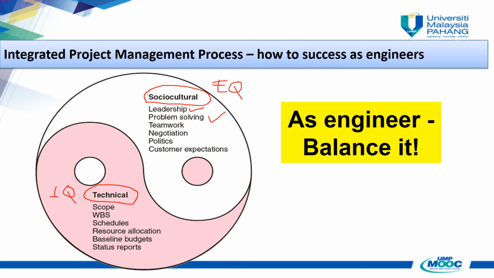You must attend to the problem. Do not run from the problem. Okay, and again, if you have fewer leadership attributes, you must have the capability to work in teamwork. Why? Teamwork is very critical to make sure that the whole organization can function well.